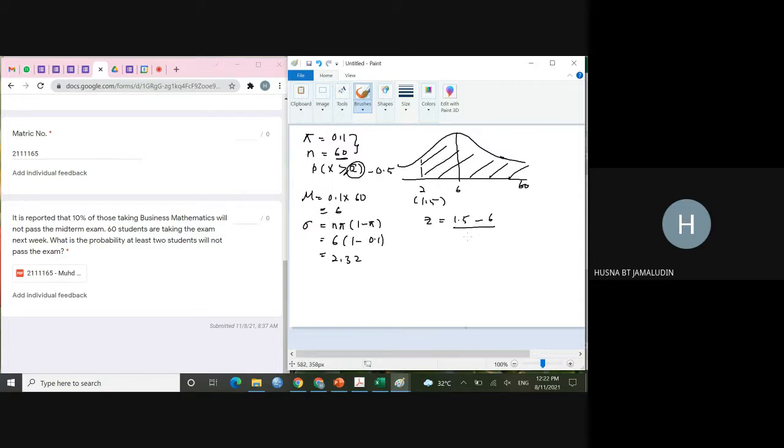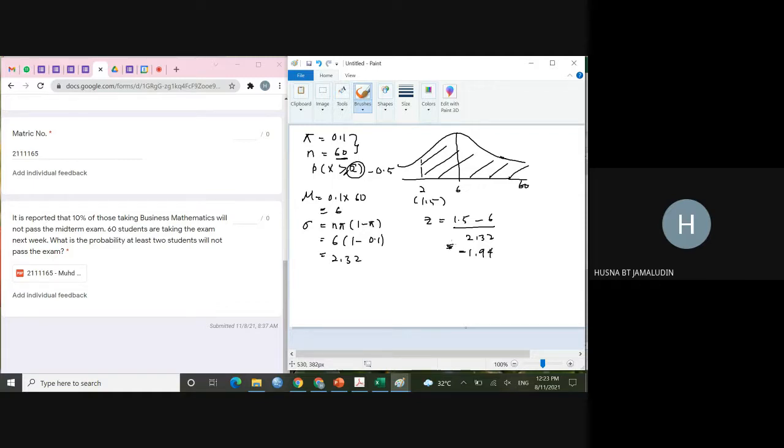What is your sigma? 2.32. And you should get the value of negative 1.94, because 1.5 is small minus a large number. When you draw a diagram, you know that it should be on the left side because the value is negative. So this is just your z value, it is not even your probability.